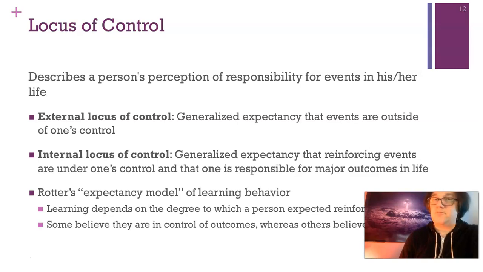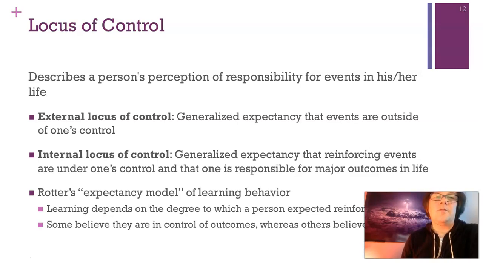People with a very strong internal locus of control will be very much in favor of individual responsibility. They would have a stronger sense of autonomy than people who have an external locus of control.